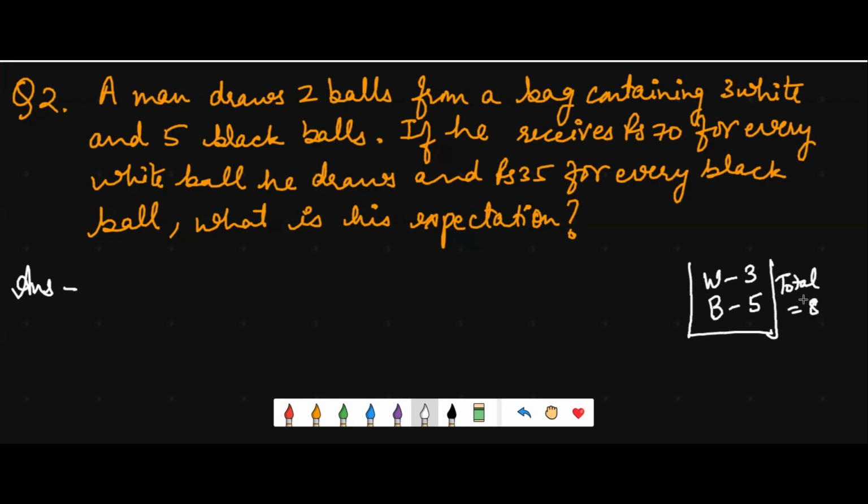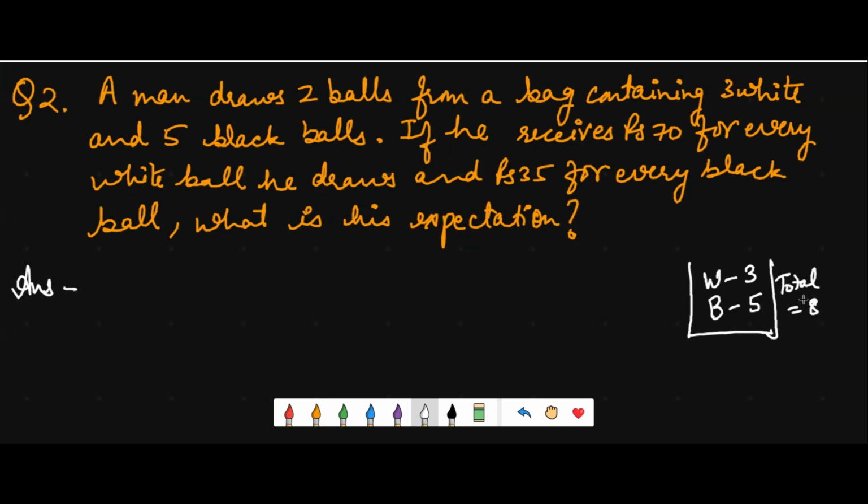So now in this particular question where we are receiving an amount, we are talking about the X as the amount. So our xi would be the amount that we are getting on each draw, right? So if you are selecting two balls, both of them can be black, both of them can be white, or one can be black and one can be white.